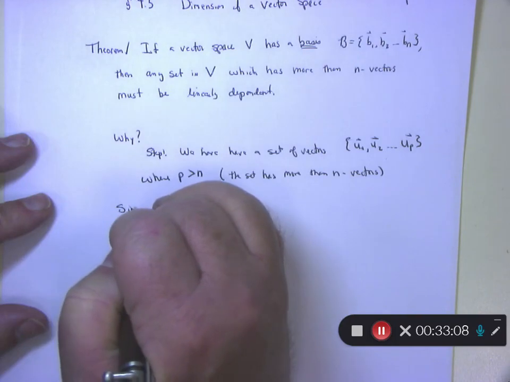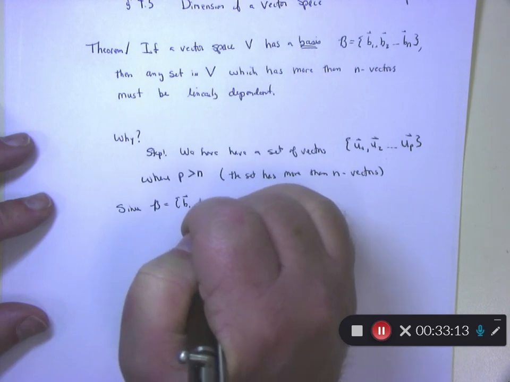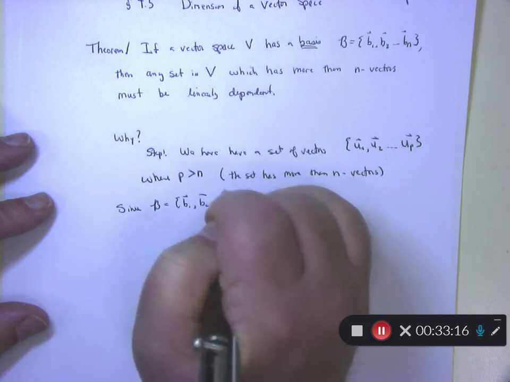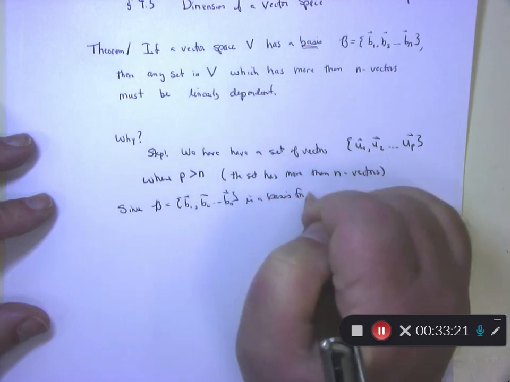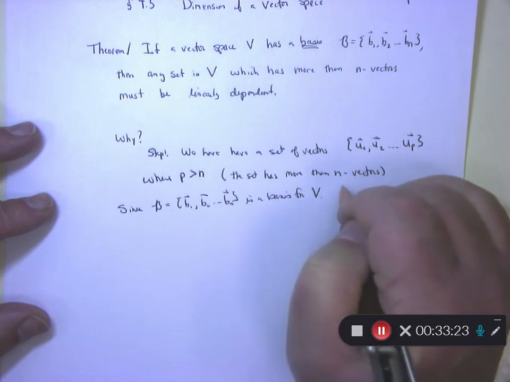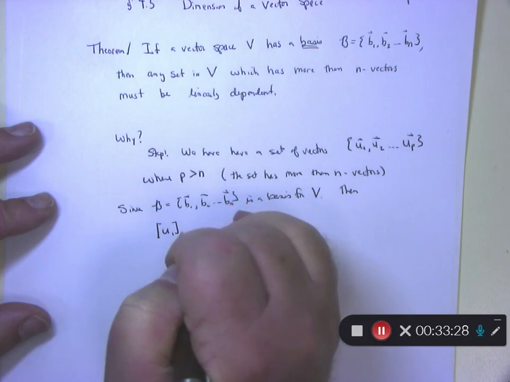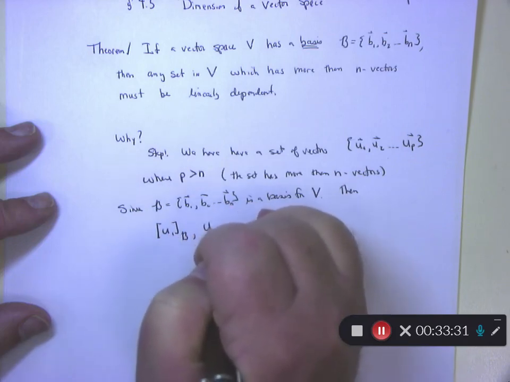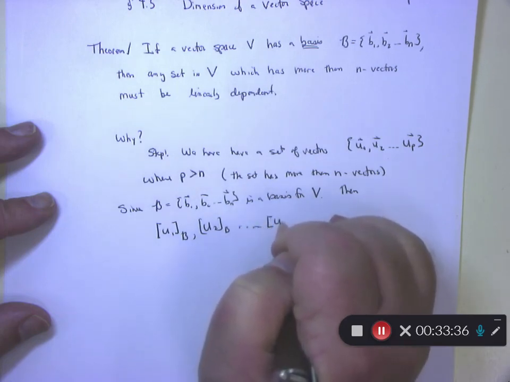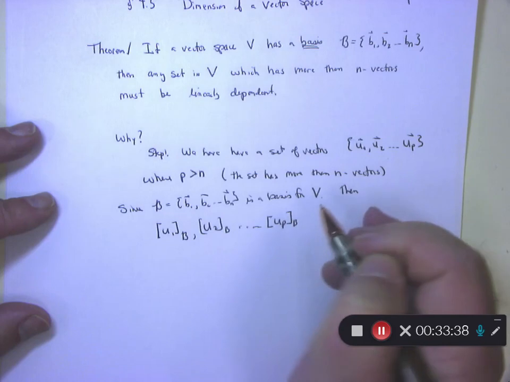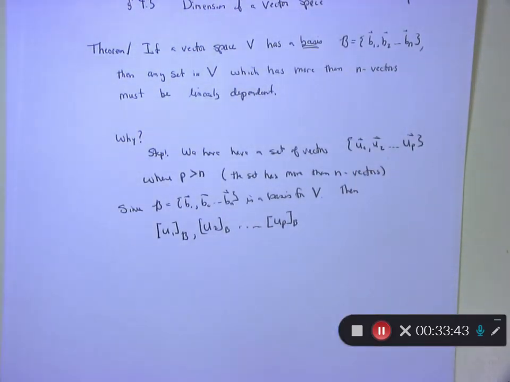Since beta, which is equal to B1, B2, to Bn, is a basis for vector space V, then we can look at U1 relative to basis B, U2 relative to basis B, Up relative to basis B. Each one of these vectors can be written as a coordinate vector.